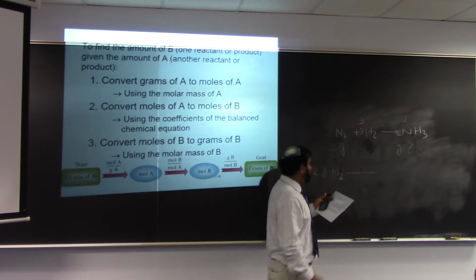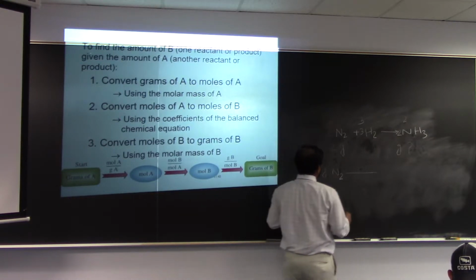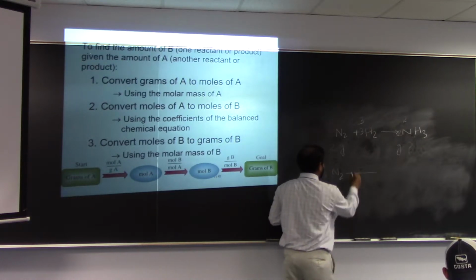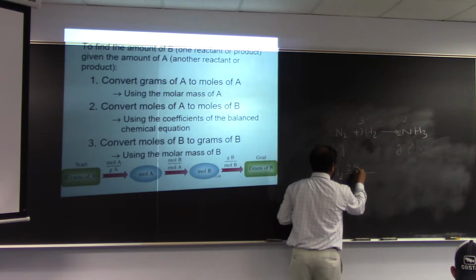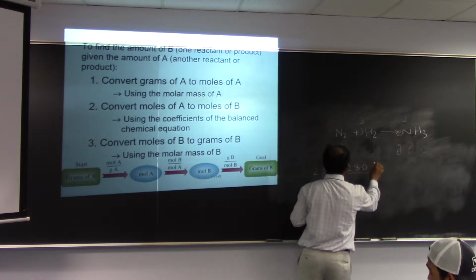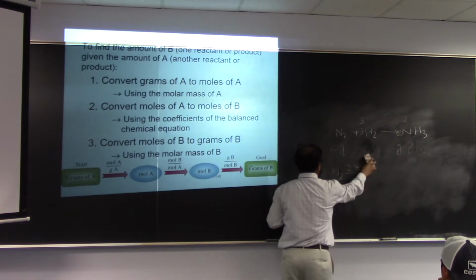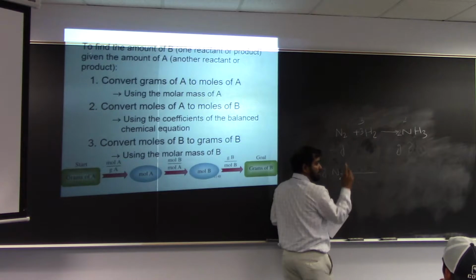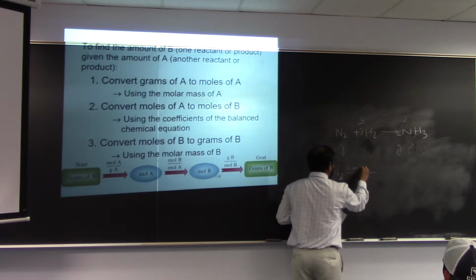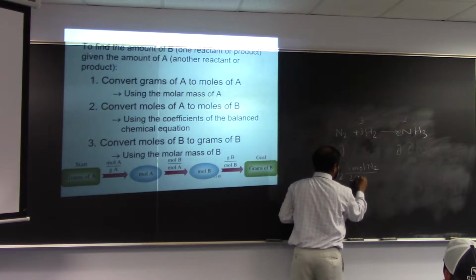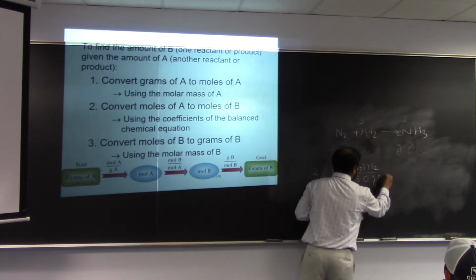So it is 14.0, which is 28.0. So 28.0 nitrogen. So you're going to calculate mole, not the gram. So 1 mole of nitrogen will be 28.0 gram of nitrogen.